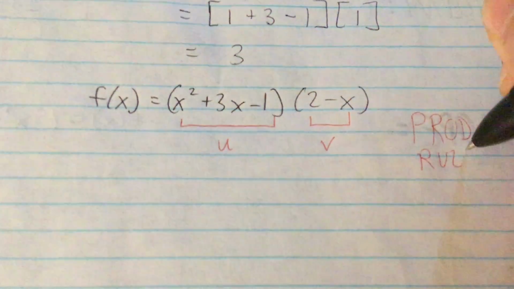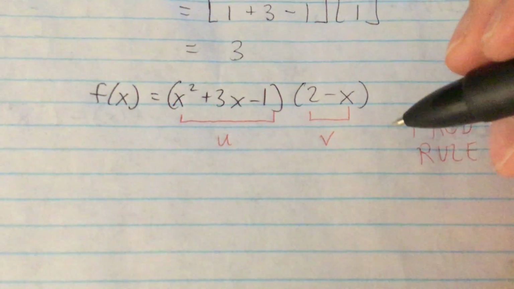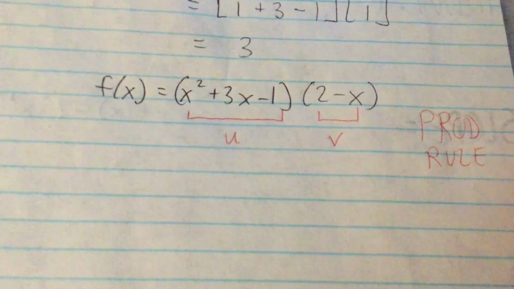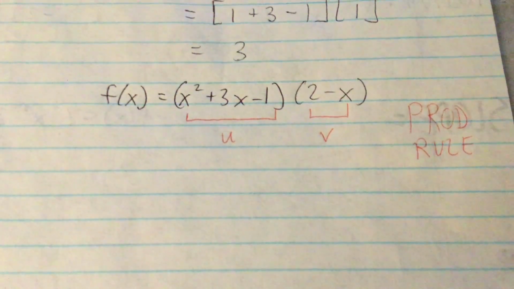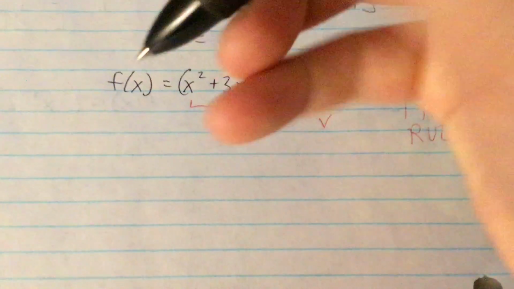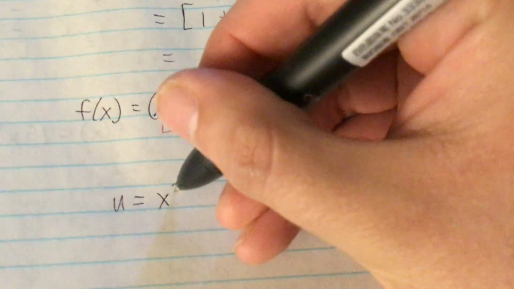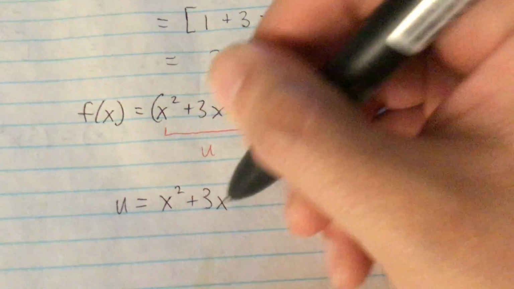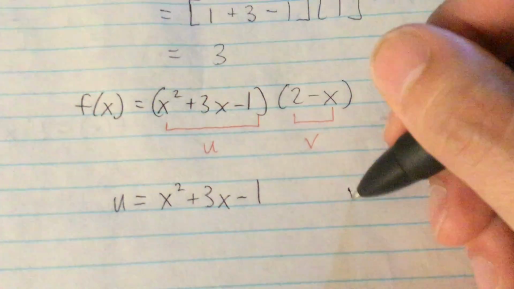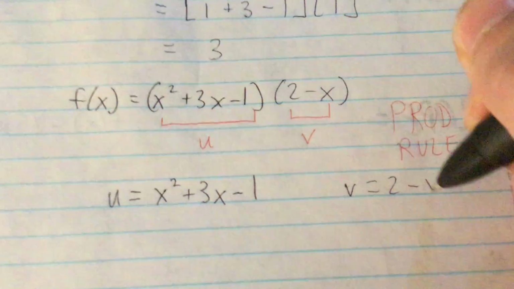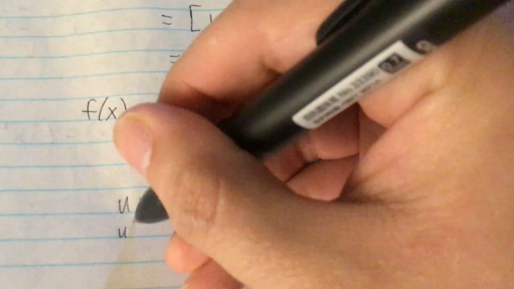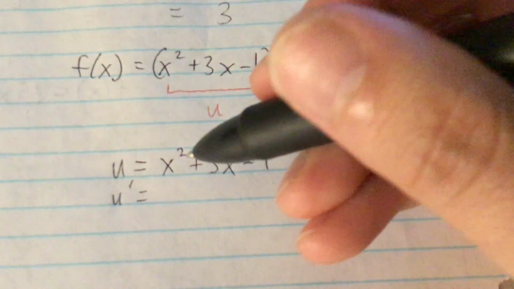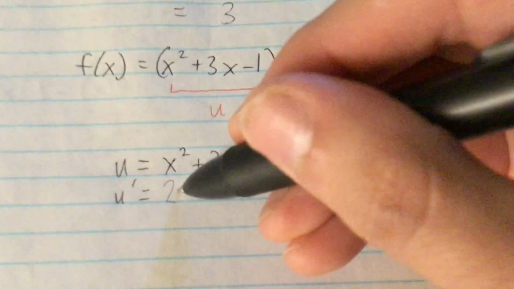Now, theoretically, you could FOIL this out and combine like terms and do power rule, but I'd rather do product rule. It saves me a lot of time. So my u is x squared plus 3x minus 1, and my v is 2 minus x. So my u prime, the derivative of x squared is 2x.